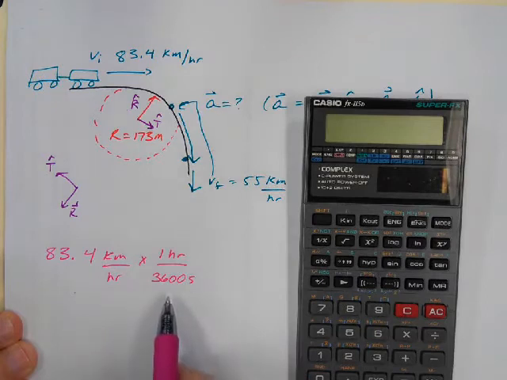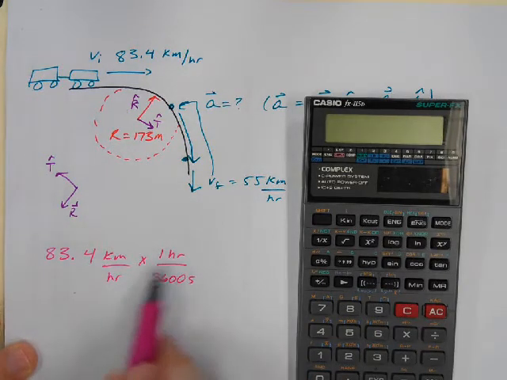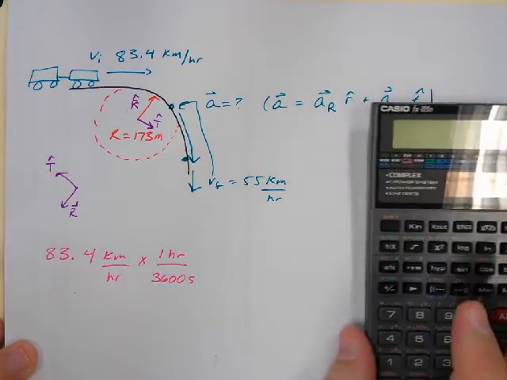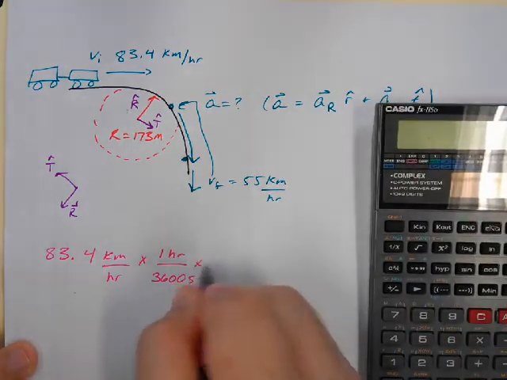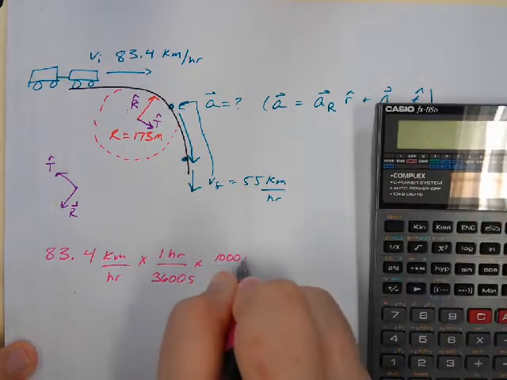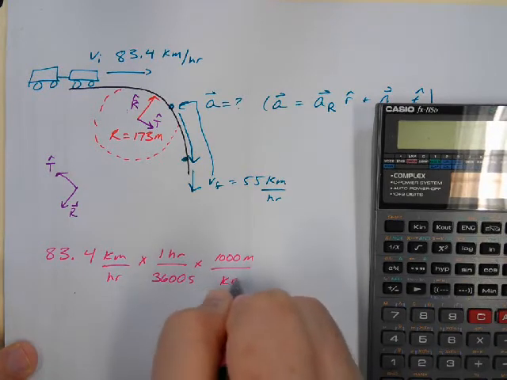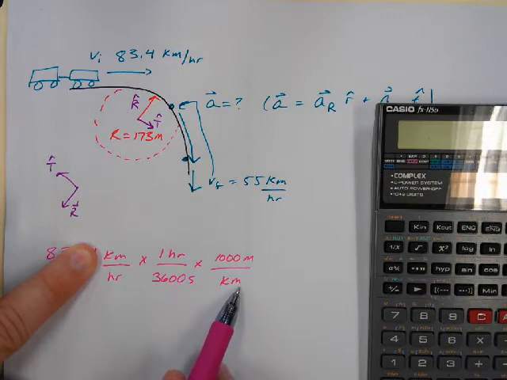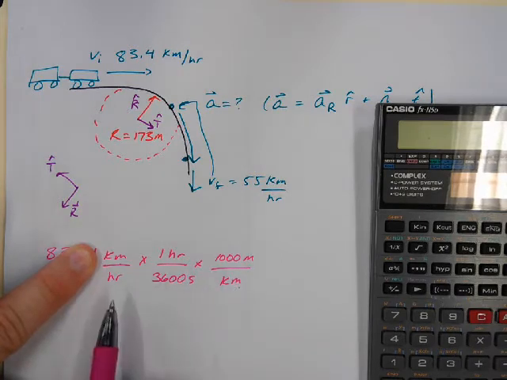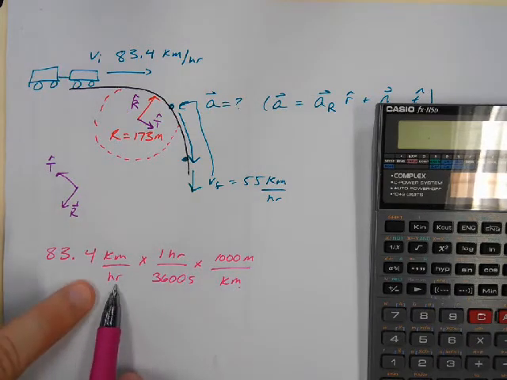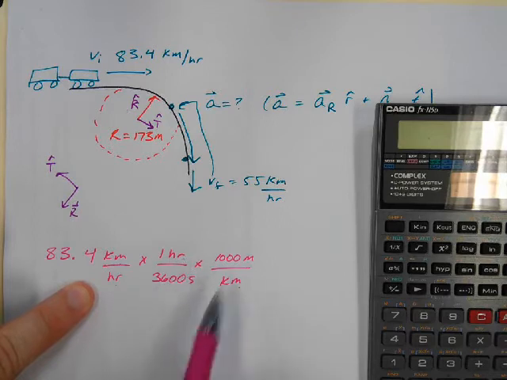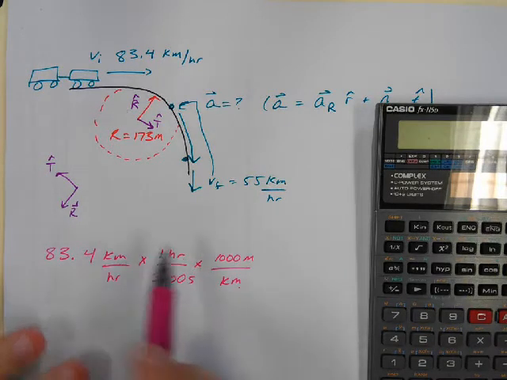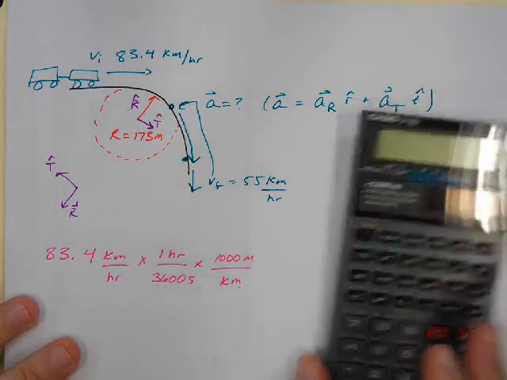You can do 1 hour is 60 minutes and 1 minute is 60 seconds. Or you can know this is true, and that's fine. And then we need to do 1,000 meters per kilometer. And the idea is that kilometers are up here, so you've got to have it cancel out. It's in the bottom. Hours are down here, so you've got to have hours up there, and that's how you know how to do that. And so what this means is you're dividing by 3.6.